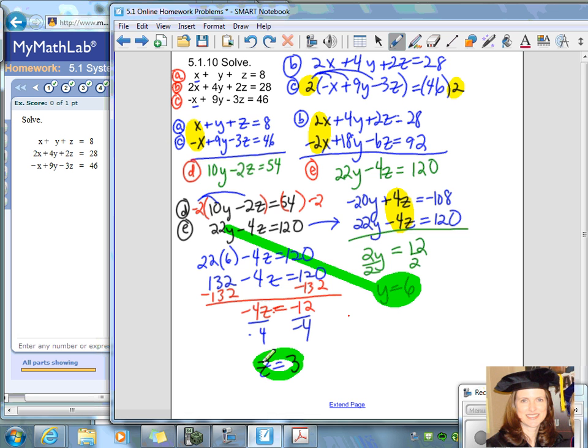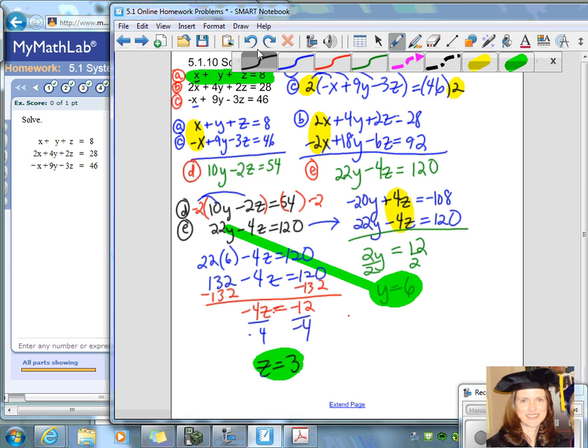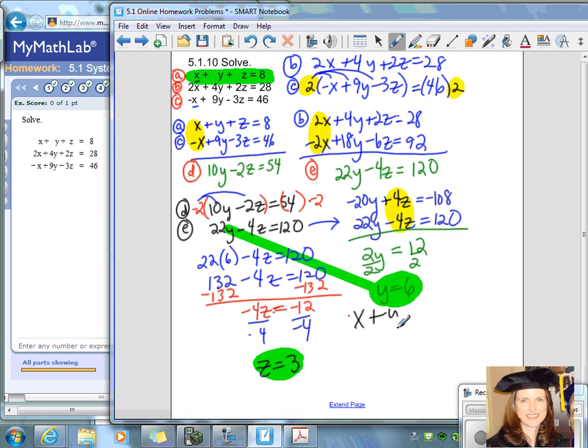Okay, now I'm going to take z equals 3 and y equals 6 and plug them into one of the original equations. I'm going to plug them back into the original equation A. The original equation A was x plus y plus z equals 8. Now if I know y is 6 and z is 3, I can solve this equation to get x plus 9 equals 8.